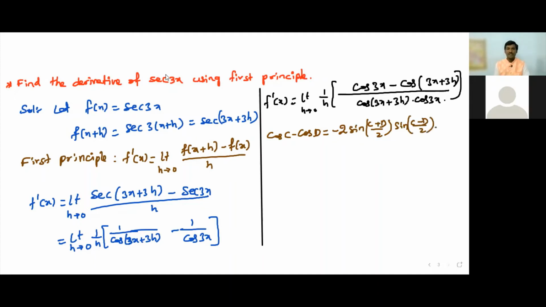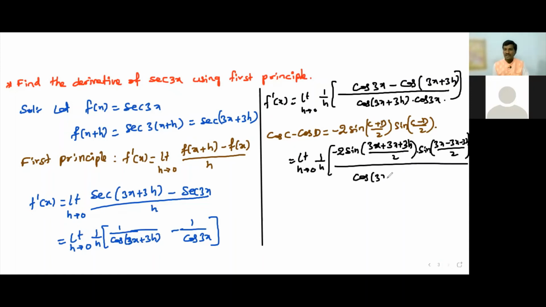Now applying the same formula here: limit h tends to 0, 1 by h into cos c minus cos d, which is minus 2 sine of c plus d by 2 into sine of c minus d by 2. Minus 2 into sine of c plus d, that is 3x plus 3h, divided by 2, into sine of c minus d by 2, that is 3x minus 3h, whole divided by 2, whole divided by cos of 3x plus 3h into cos 3x.